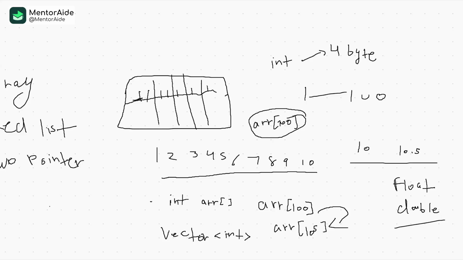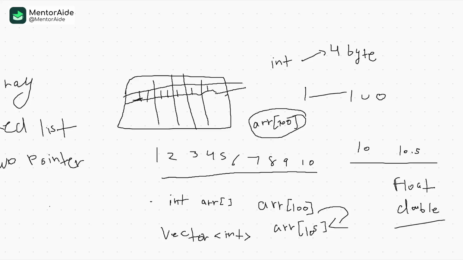It's not like we are adding a separator as such, but what I'm trying to say is this separator means that this much space is given to store one integer of the array. Since the array has 100 integers, for every integer 4 bytes are assigned in memory and they are continuous like this. That's it.